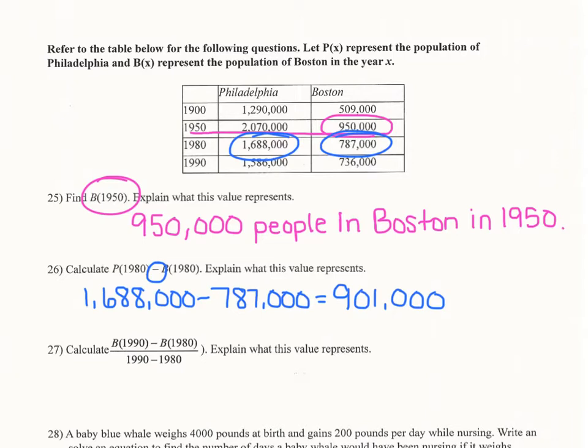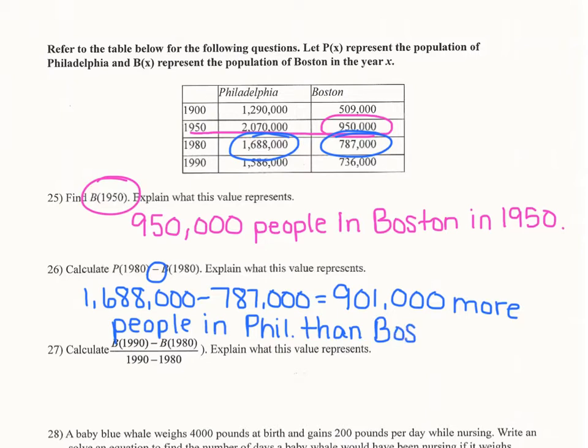So when I subtract this, this means there were 901,000 more people in Philadelphia, I'll abbreviate there, than Boston in the year 1980. So in that particular year, there were 901,000 more people living in Philadelphia than there were living in Boston.